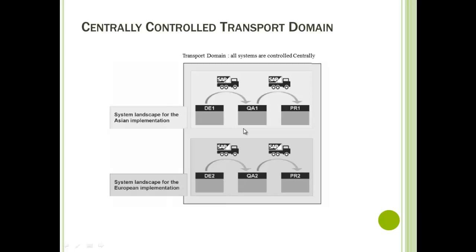Moreover, the activities which are carried out in each respective system can be controlled by authorization in detail. When you are configuring a TMS, you basically define the role of each system in the landscape, whether it's a development system, a QA system or a production system. QA system means quality assurance as well as approval system.